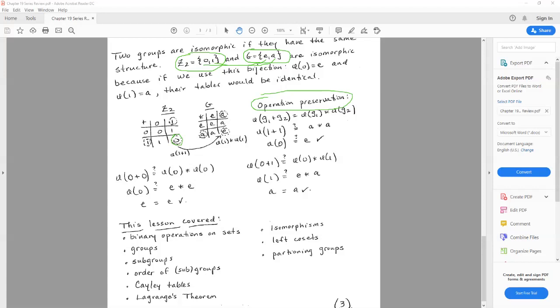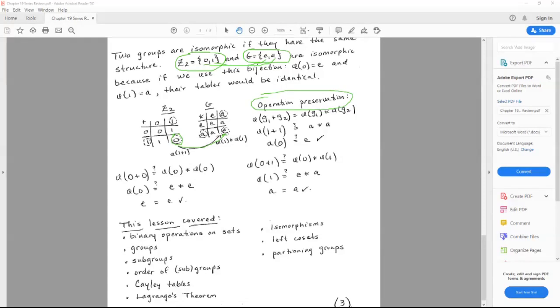Well, would the image of 1 plus 1 map to phi of 1 times phi of 1? We have to use times on this side because that is the operation for group G. And of course, we added on the left side because addition is the operation in Z2. But I have to show that this 0, which is just phi of 1 plus 1, does map to phi of 1 times phi of 1, which is the identity.